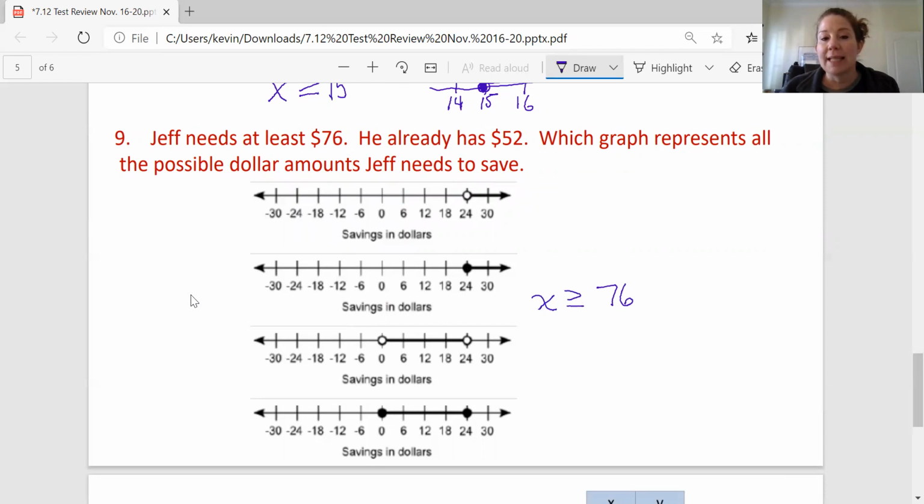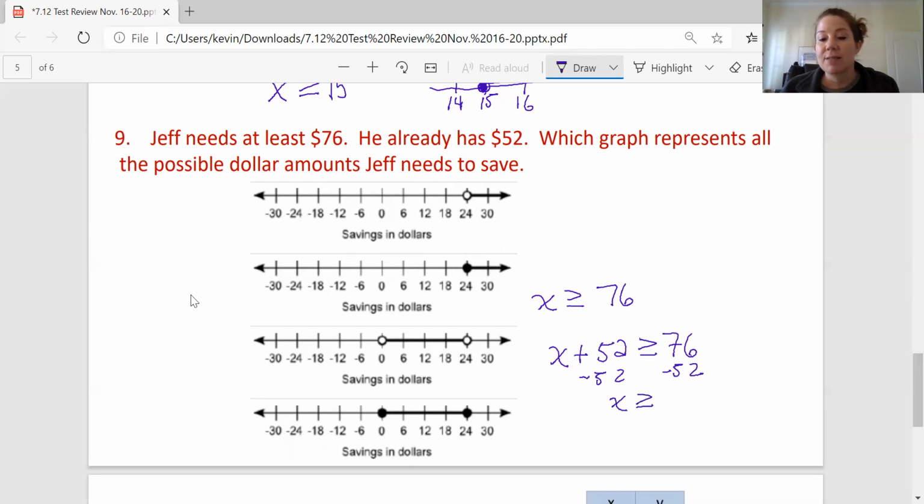X, you want X to be $76 or more. However, he already has $52, right? You can't ignore that. He already has $52. So let's see how much more Jeff needs.